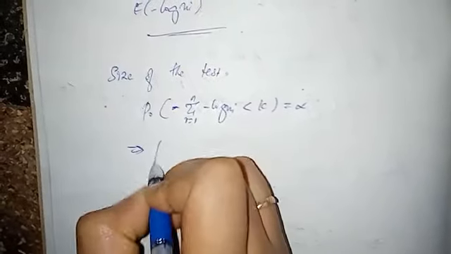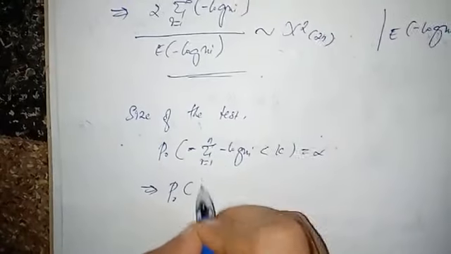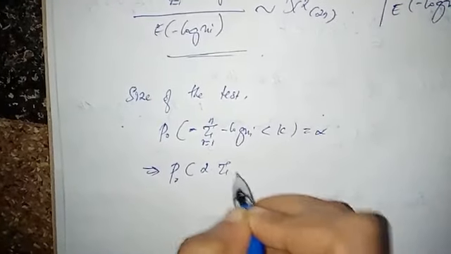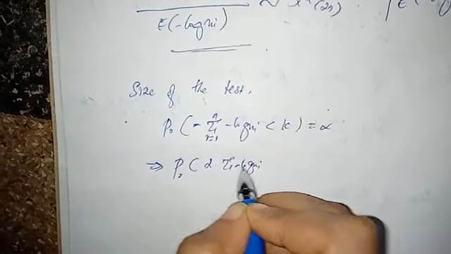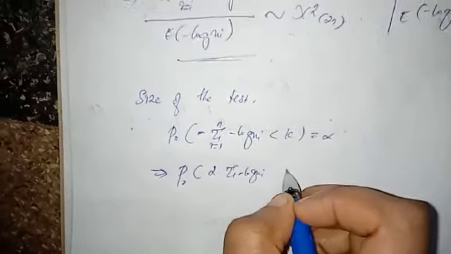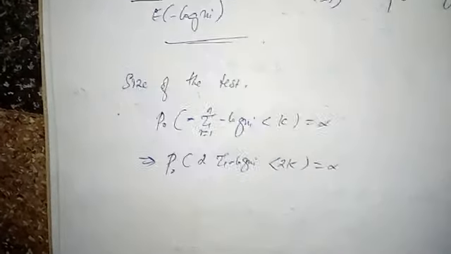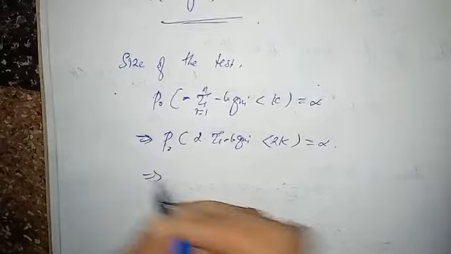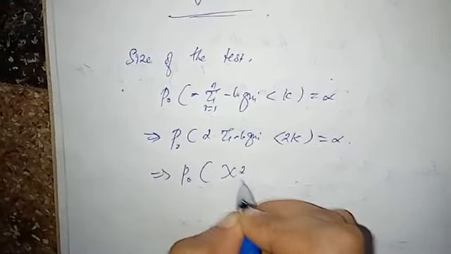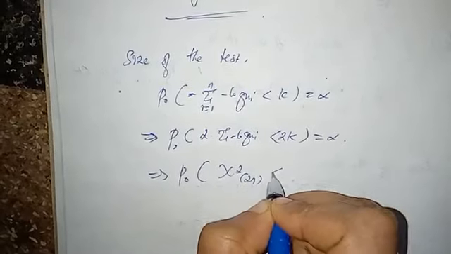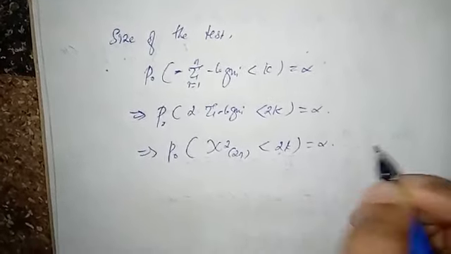Here we make a transformation: 2 into summation of minus log xi divided by 1, which is less than 2k, equals alpha. The distribution is chi square with 2n degrees of freedom, less than 2k, equal to alpha.